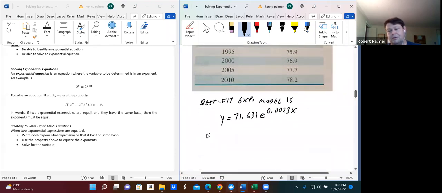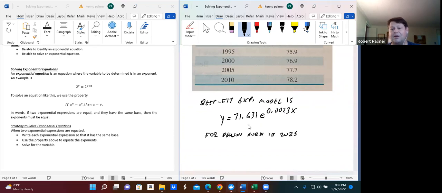Okay, so for a person born in 2025, now we count the years, so once again, x equals 0 in 1970.